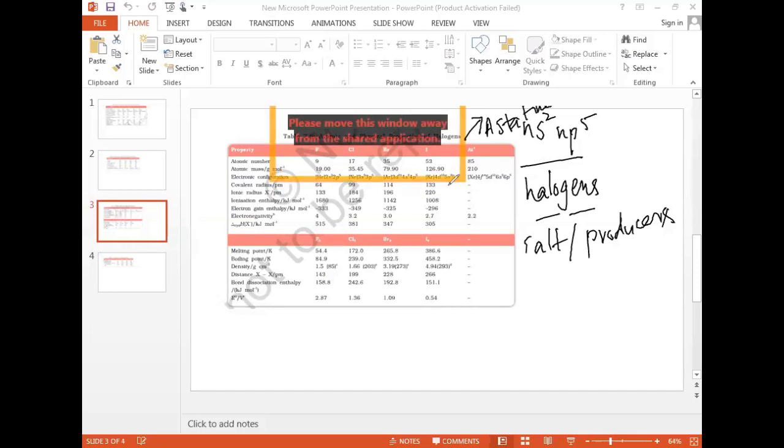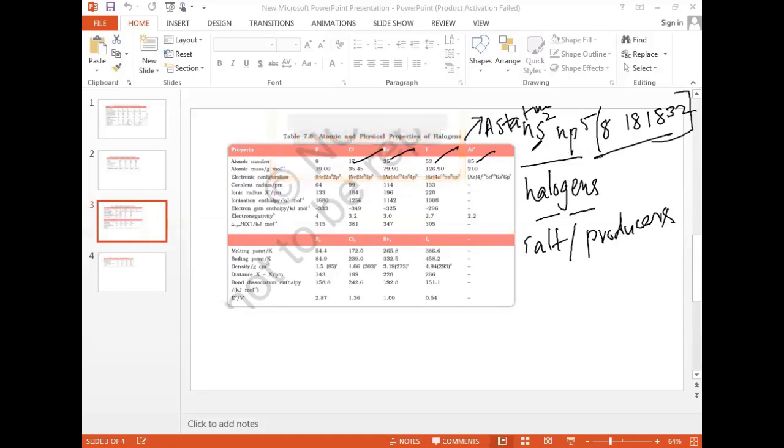The atomic number of fluorine is 9, plus 8 is 17, plus 18 is 35, plus 18 is 53, plus 32 is 85. Generally we follow the 8, 18, 18, 32 sequence for writing electronic configurations. The covalent radius, as usual, increases down the group.